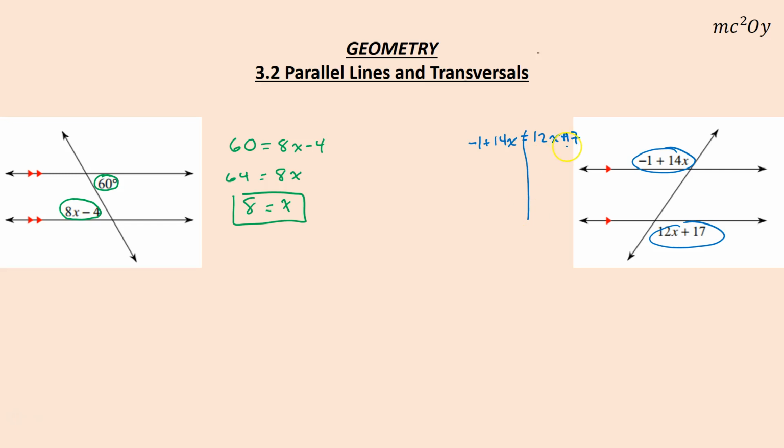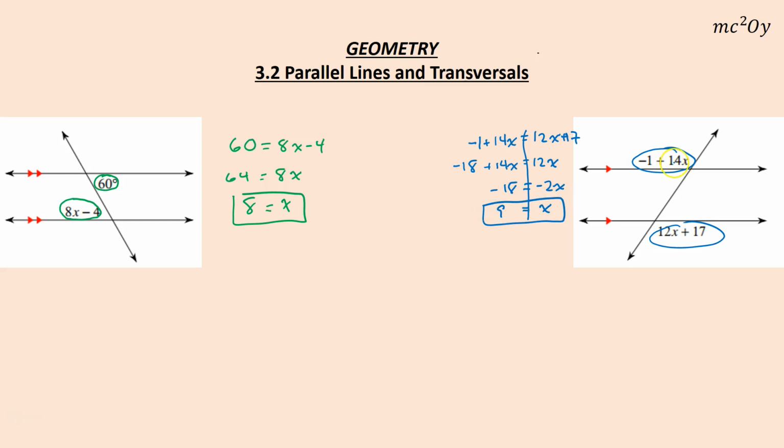Separating my equations, I'll move that 17 over by subtracting. I get negative 18 plus 14x equals 12x. Move that 14x over, so I get negative 18 equals negative 2x. And so x is going to be 9.